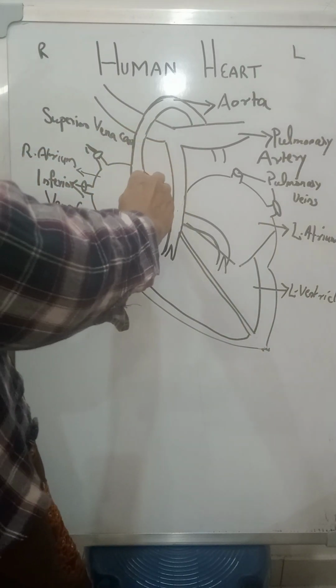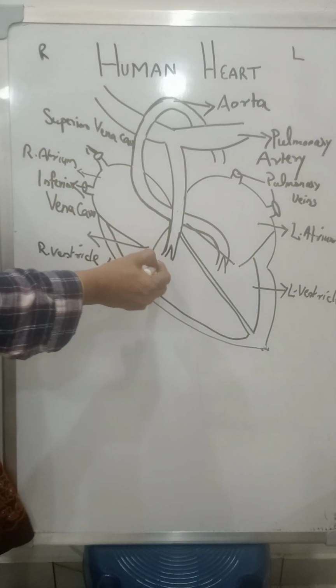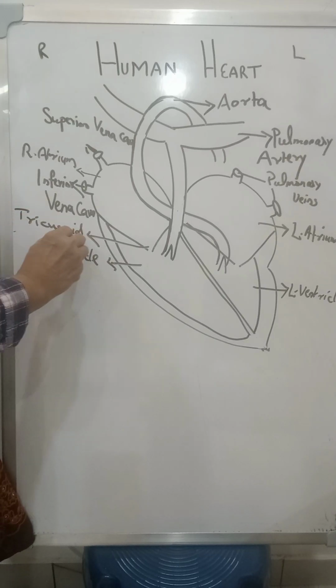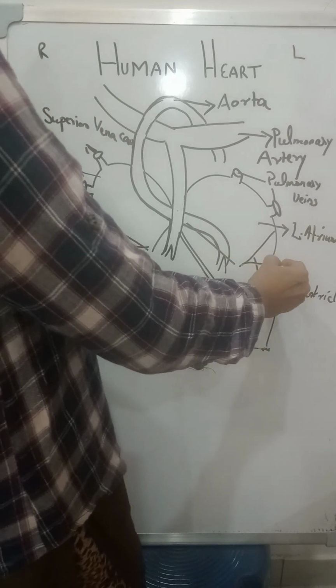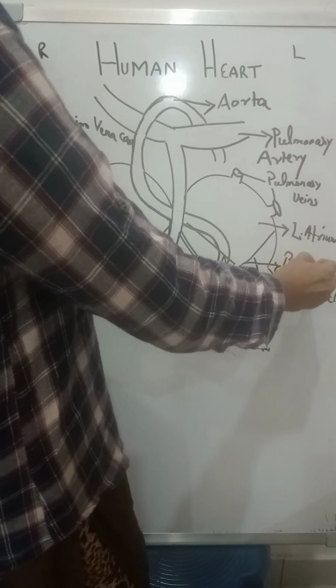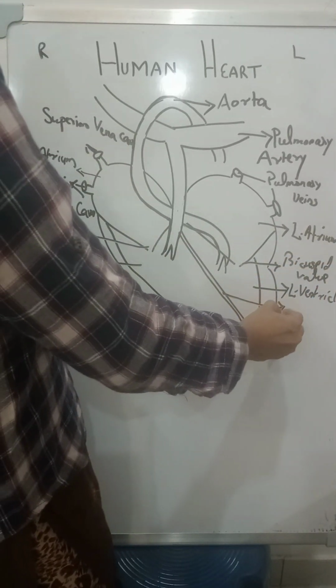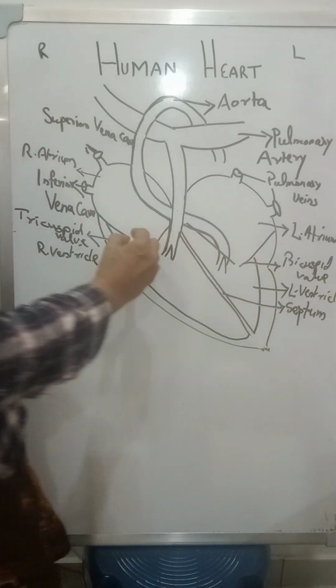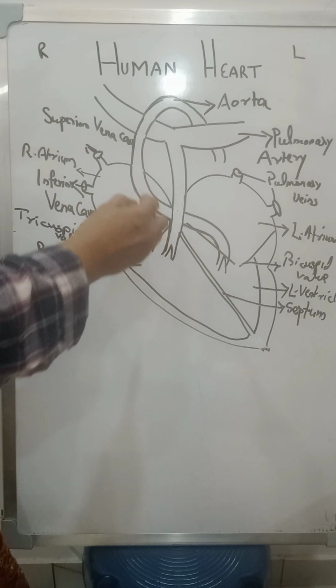The valve which separates the right atrium and right ventricle is called the tricuspid valve, and this valve which separates the left atrium from the left ventricle we call the bicuspid valve, and the wall which separates the blood is the septum.